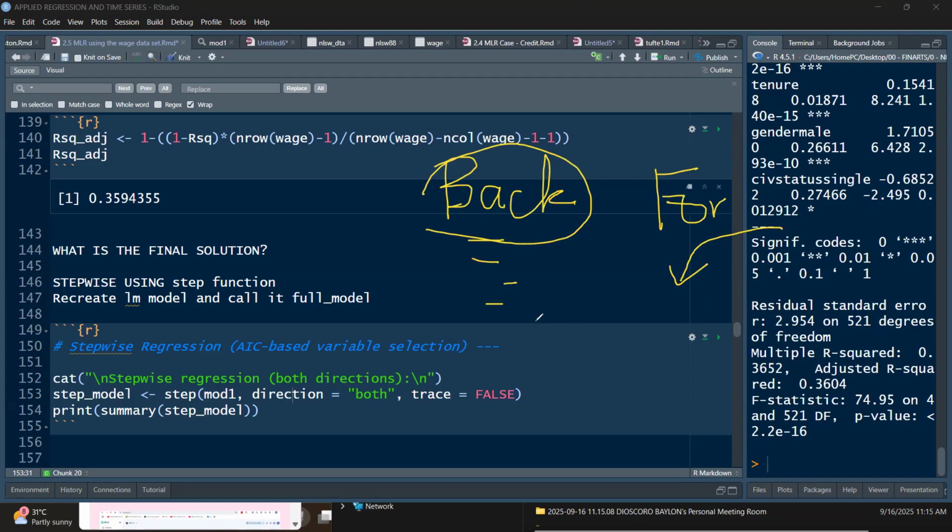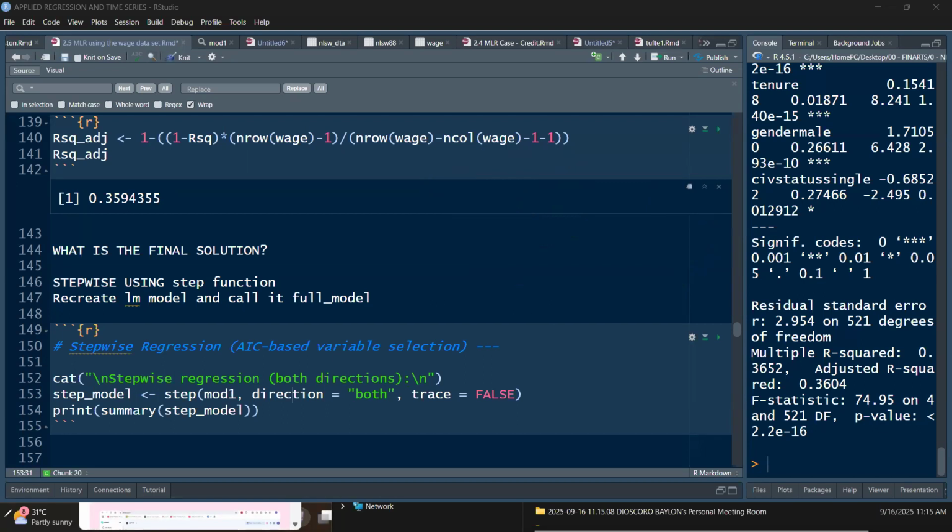And both is a mixture of backward and forward. So that's what we have here. Okay, so print stepwise regression both direction. The object step model equals step, step mod 1, this is the full model, right? Hourly wage regression, all the predictors. Direction is equal to both, trace is equal to false, and then let's print the step model. And let's run this.